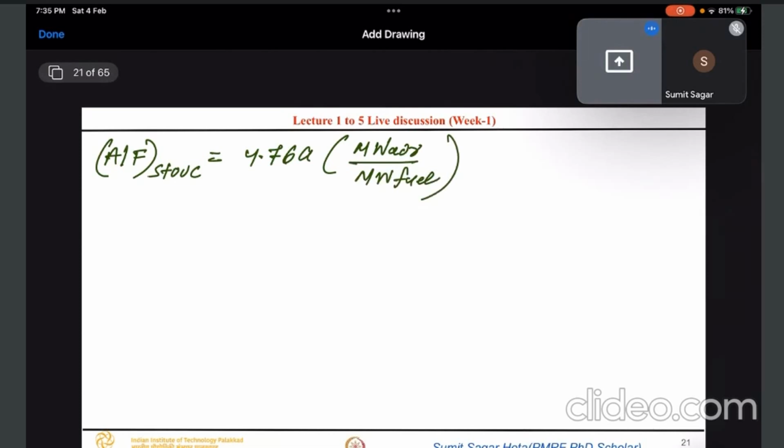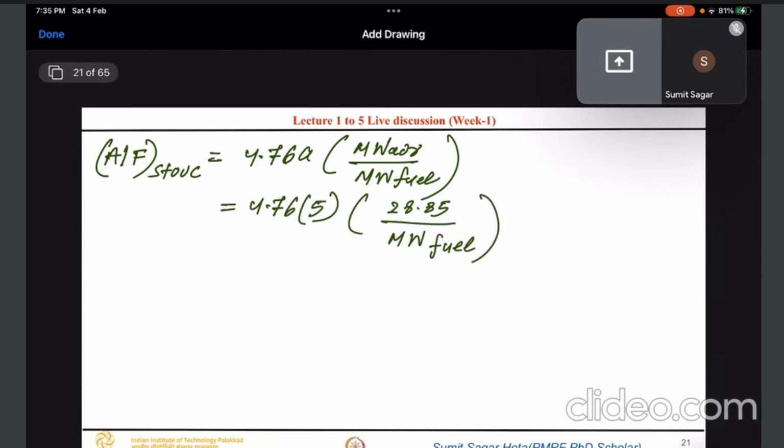That is 4.76 into 5, times 28.85, divided by the molecular weight of the fuel.